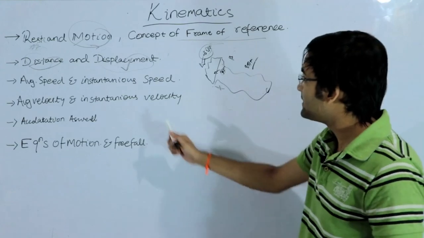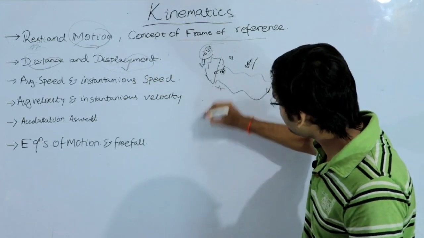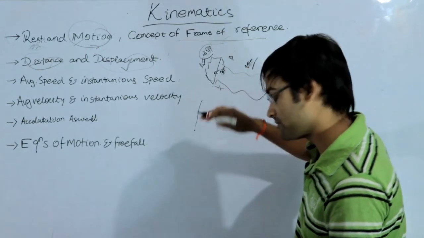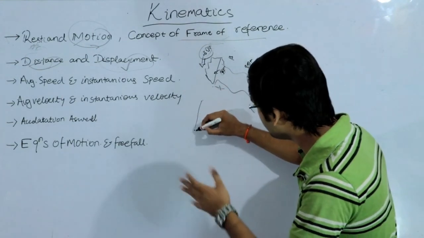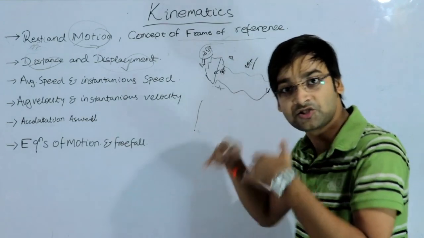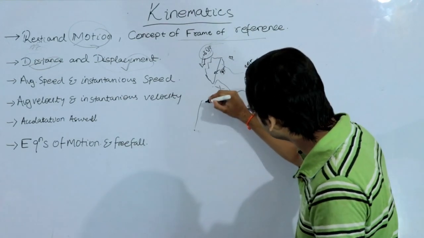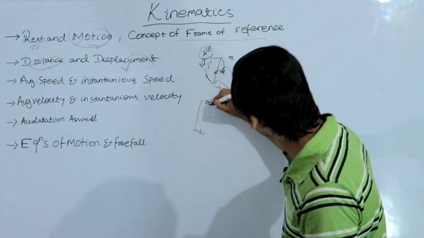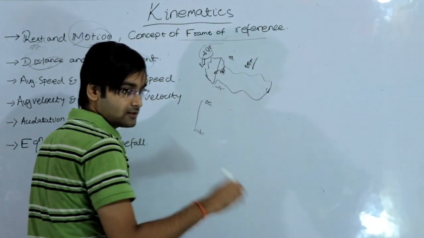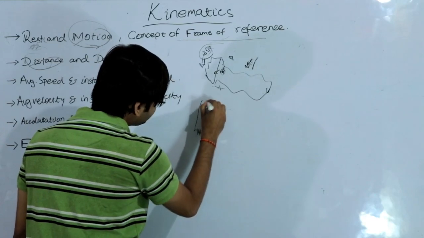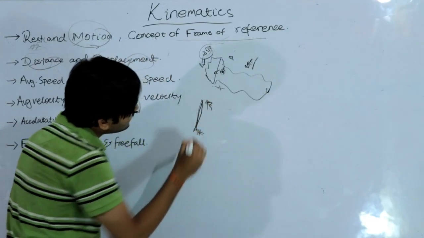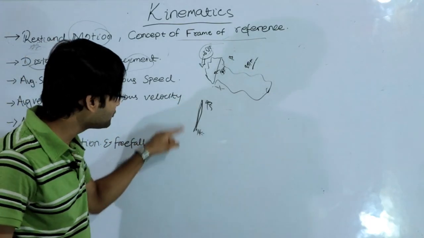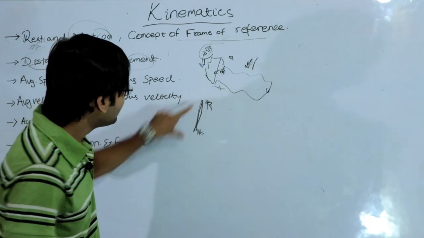So the displacement is nothing but the minimum distance, or the length of the straight line connecting any two points, A to B. The minimum length of the straight line from A to B is the displacement here.